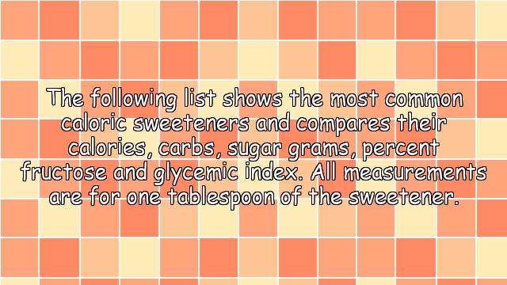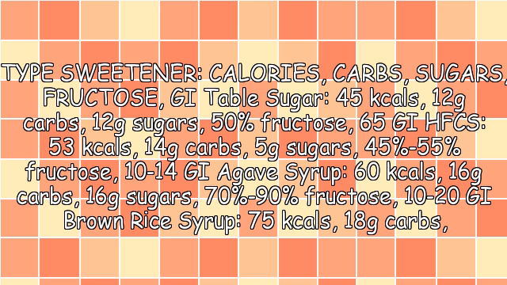The following list shows the most common caloric sweeteners and compares their calories, carbs, sugar grams, percent fructose, and glycemic index. All measurements are for 1 tablespoon of the sweetener. Table sugar: 45 calories, 12g carbs, 12g sugars, 50% fructose, 65 GI.